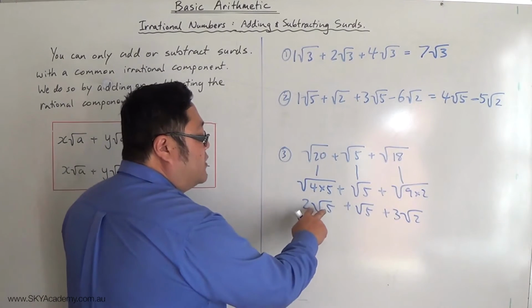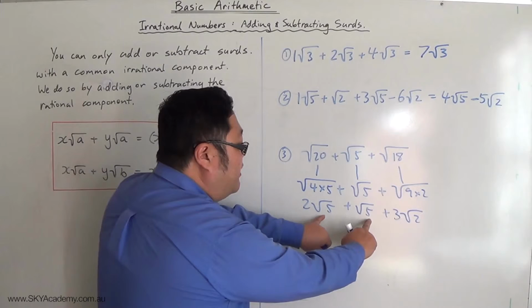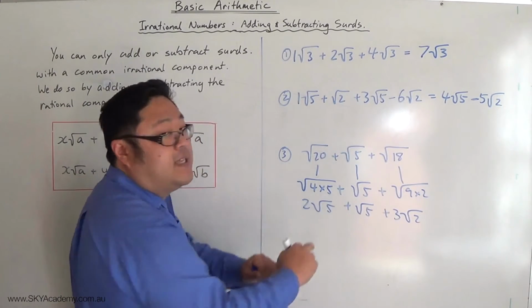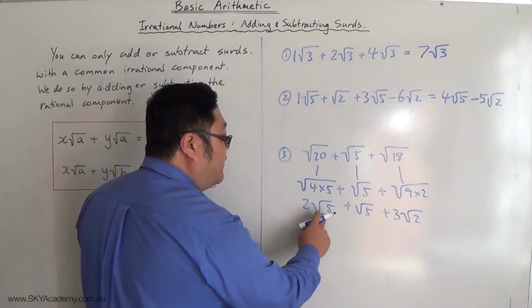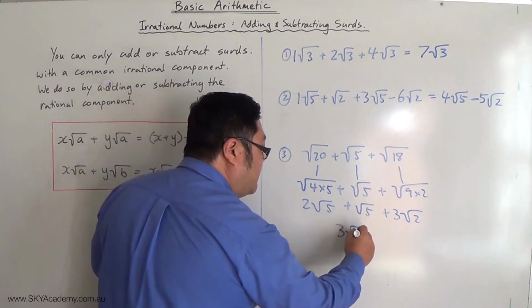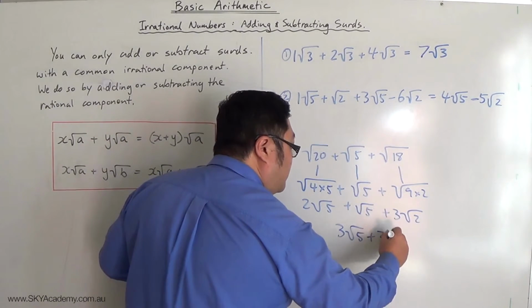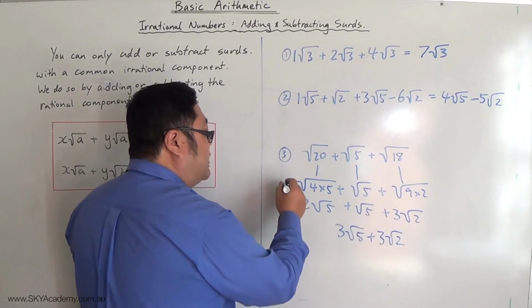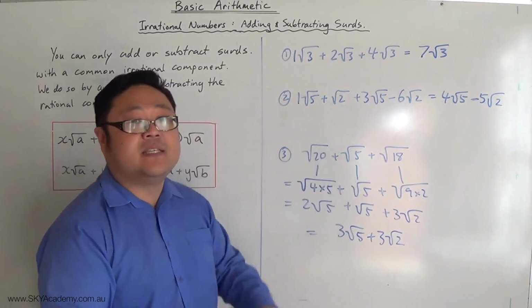Now, if you've got 2 root 5 plus root 5, suddenly you've got a common irrational component, which means that you can add them together. So 2 root 5 plus 1 root 5 is 3 root 5, plus you've got 3 lots of root 2, which you can't really do anything with. So that will be the answer to something like this.